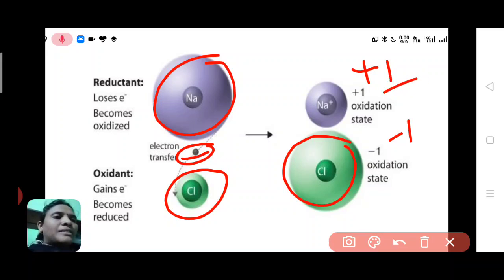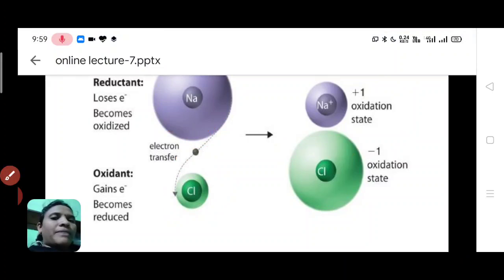So +1 is the oxidation state of sodium, and -1 is the oxidation state of chlorine. Whatever charge is acquired by any atom or ion is called the oxidation state. I hope it is clear.